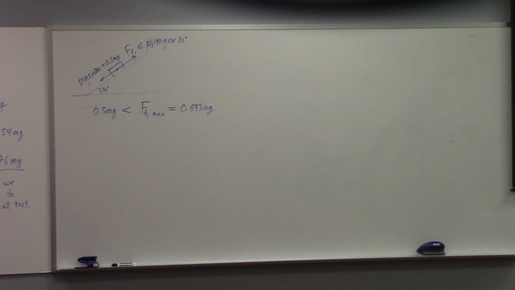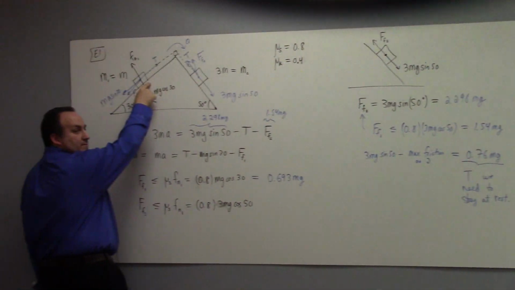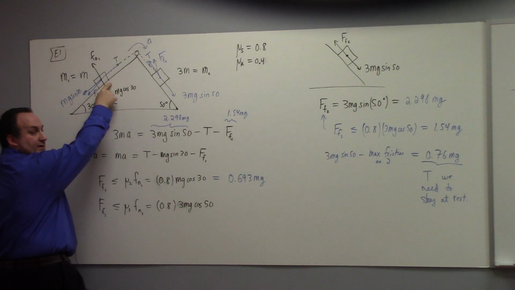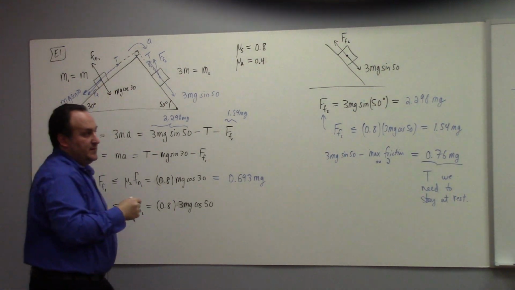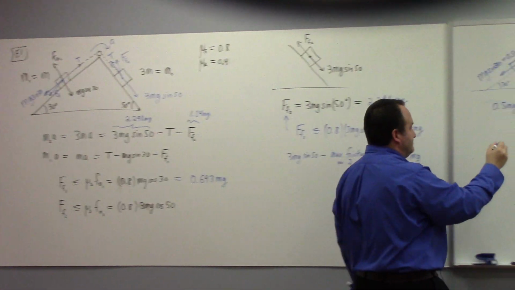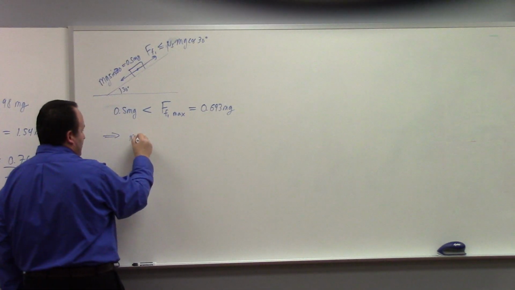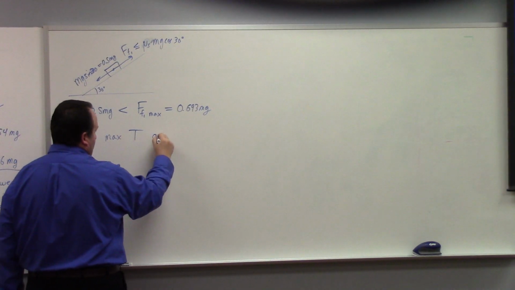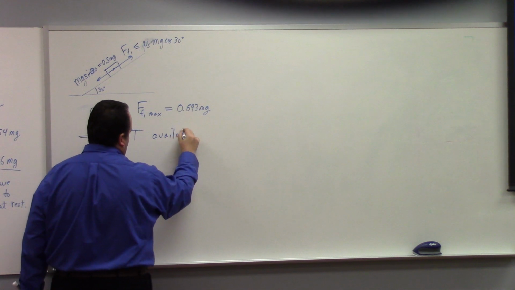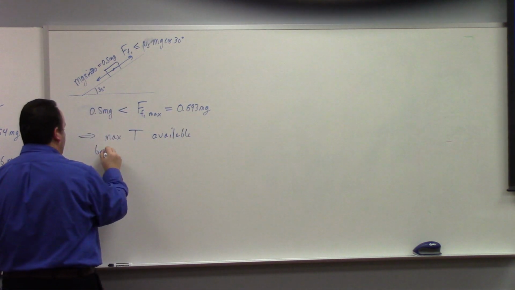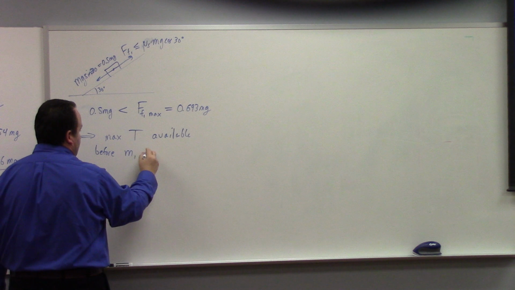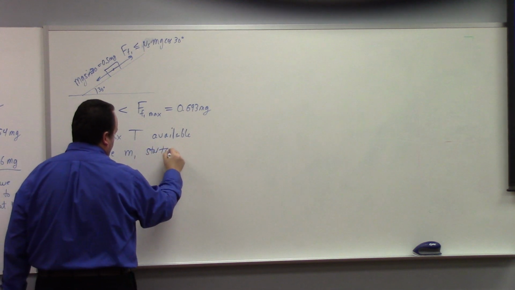What's the maximum tension available from the friction force that's left over here on box 1 before M1 starts sliding? What would it be?